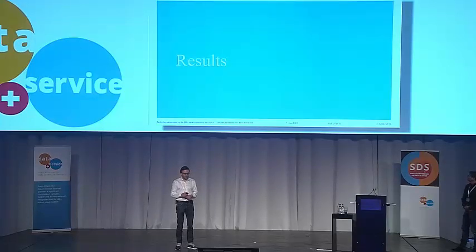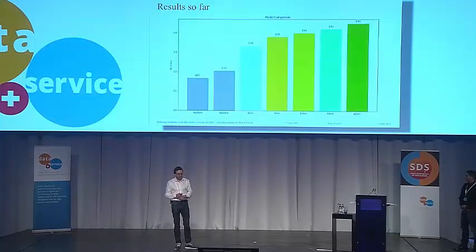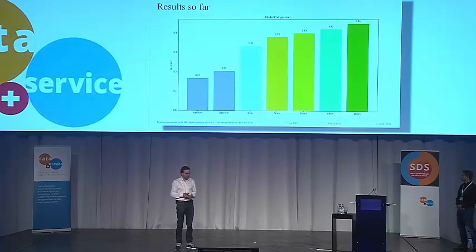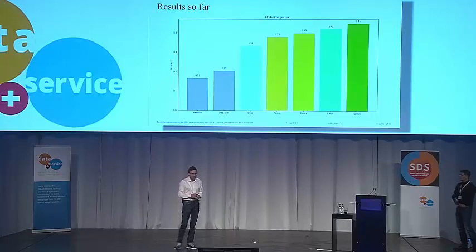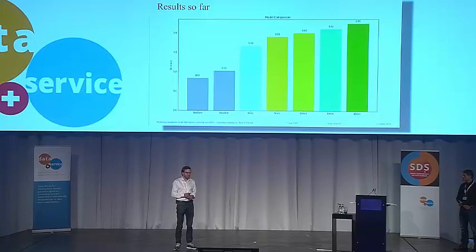Now, what are the results? We've tried this on data of 1 year for the German-speaking part of Switzerland, because then we don't have to deal with other languages, and built a small prototype in Python, and this is what we got. You see accuracy, since we have these 6 classes.